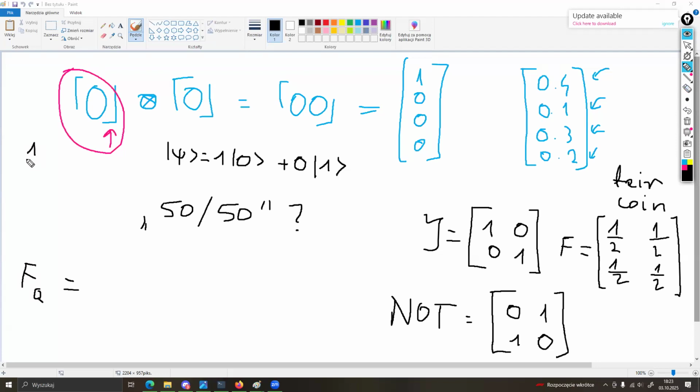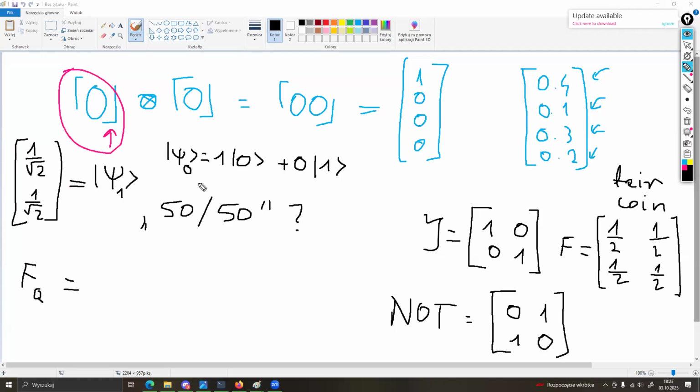When we expressed our 50-50 as a quantum state, we used this 1 over square root of 2, right? So this would be a quantum 50-50.